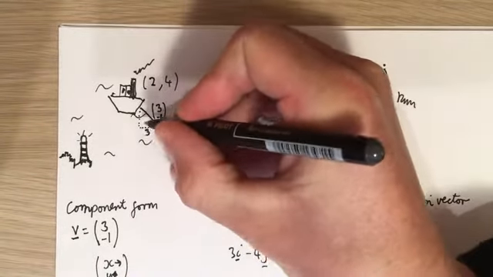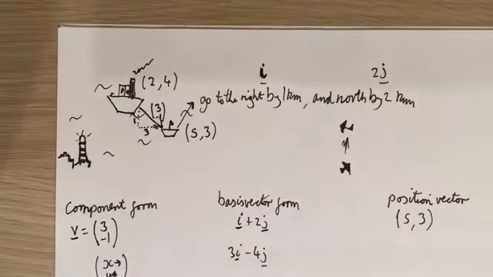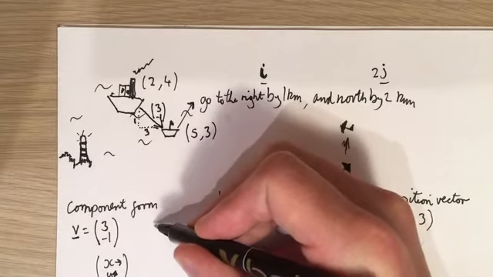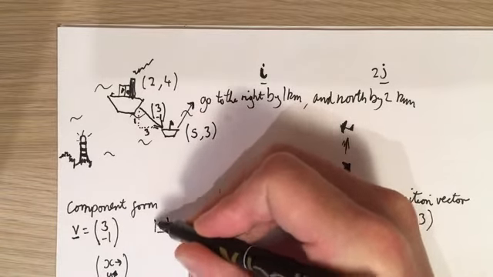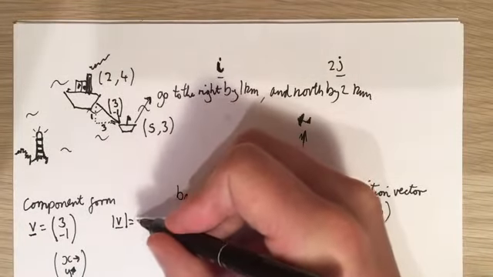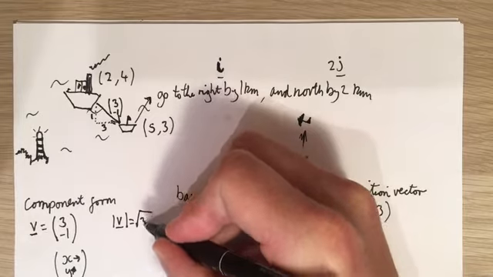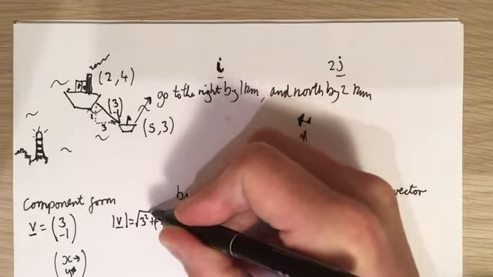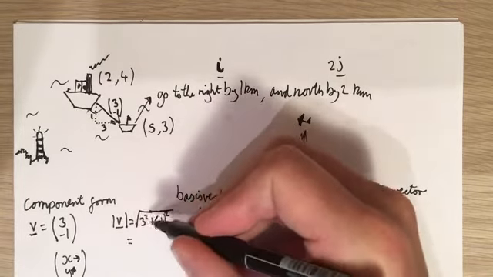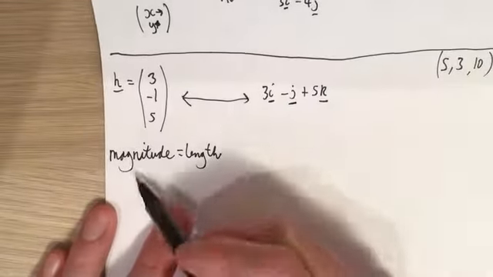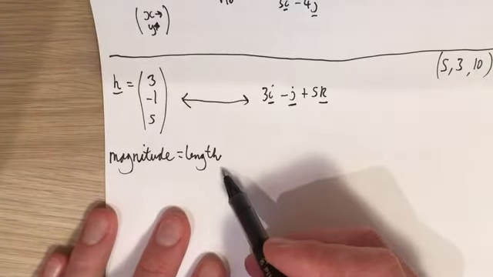Pythagoras says that the magnitude of this vector, and I'm going to write it like this, with these lines either side meaning magnitude or length or size, is the square root of 3 squared plus minus 1, in brackets, squared, which is the square root of 9 plus 1, which is the square root of 10. How nice. So the magnitude just means the length, how far, and we can do it by Pythagoras.